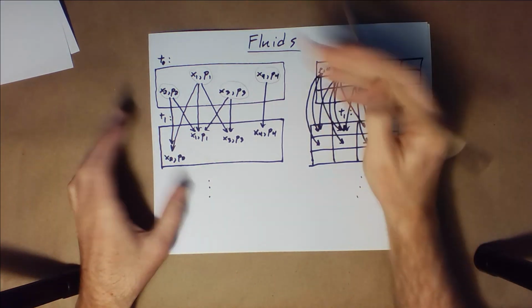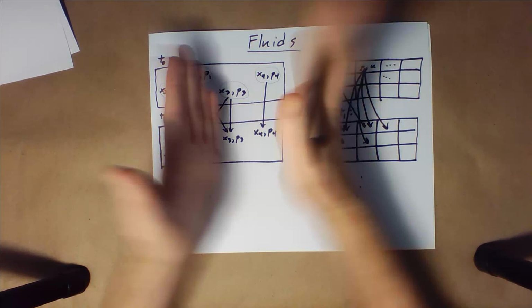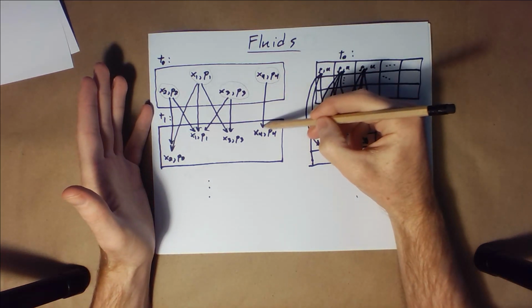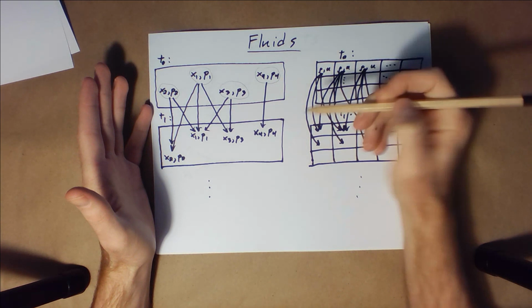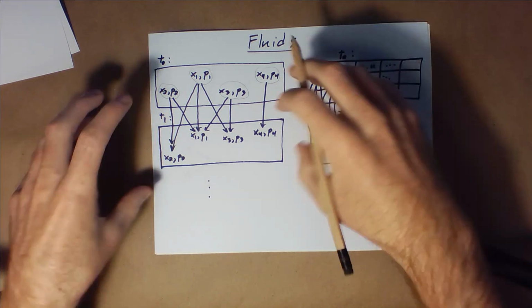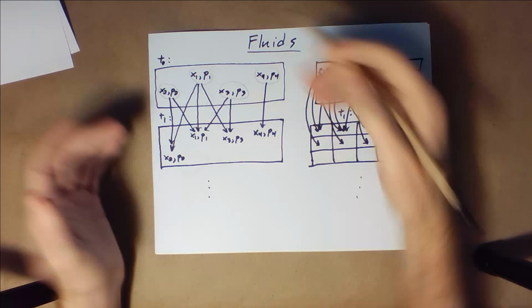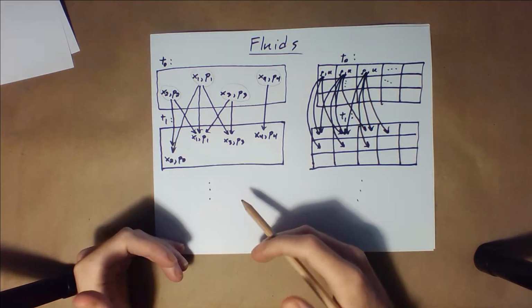Whereas particle 4 is sort of over here by itself, it's further away, so it's not going to interact with these guys, and it's just going to determine its next state on its own. So we have these causal interactions, which are localized in space, and also obviously in time.